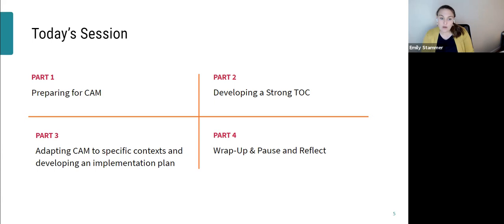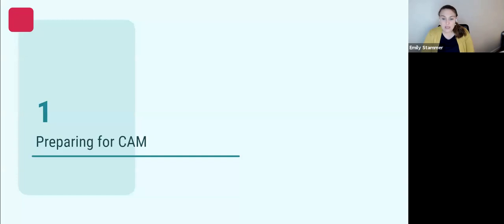Then with part 3, I'll be speaking more about adapting CAM to specific contexts and developing an implementation plan. And then we will wrap up and do another pause and reflect activity. So with that, I'm going to turn it over to Lucy Wilson to do a quick recap from last week and then talk more about preparing to use CAM approaches. Lucy?